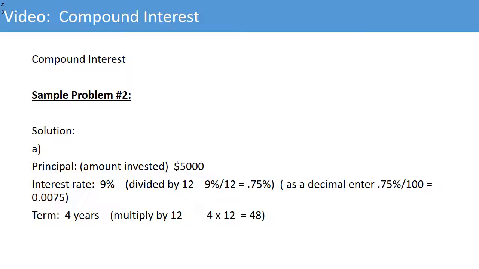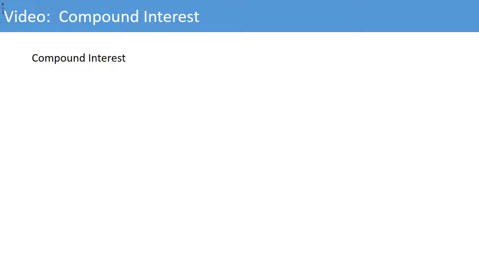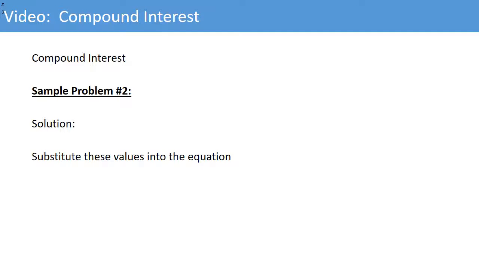The term we multiply by 12, 4 times 12 is equal to 48. Now, substitute these values into the equation. A equals P, 1 plus i, to the exponent n. P is 5,000, i is the decimal 0.0075, and n is 48.